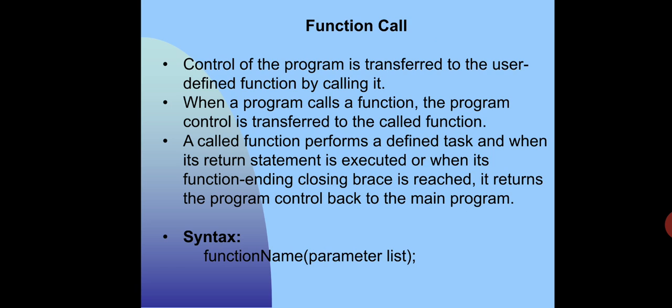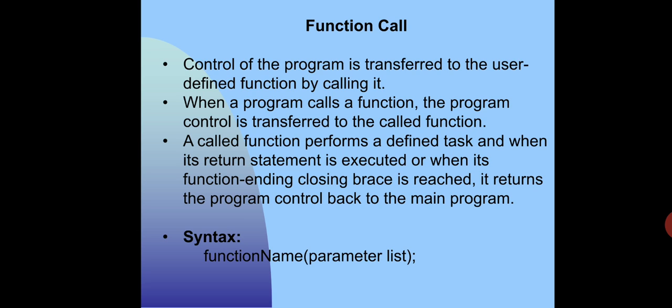That is, if we are writing a function and we are calling that function from the main, then whenever that function is called, control will be passed to that function where it resides. That is, when a program calls a function, the control will be transferred to the called function.